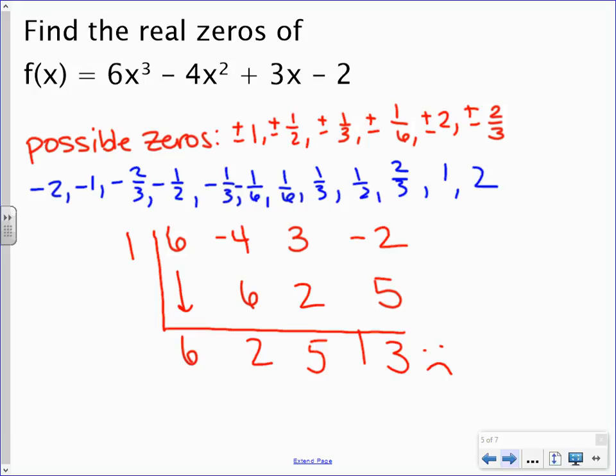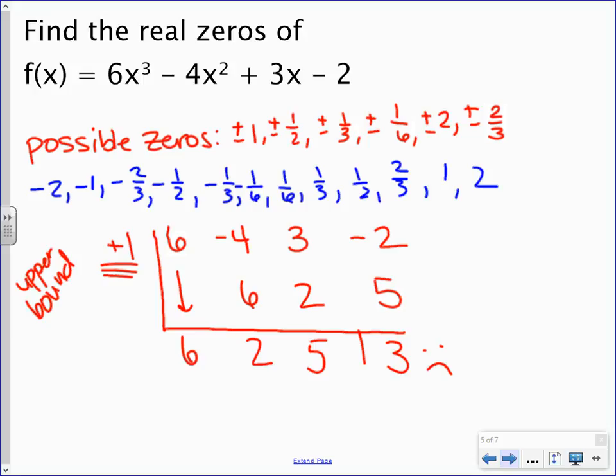However, what do you notice about the entire last row? They're all positive. Since we have a positive C value and our last row all has the same sign, that means we have an upper bound, which means all of our zeros are going to be less than 1.